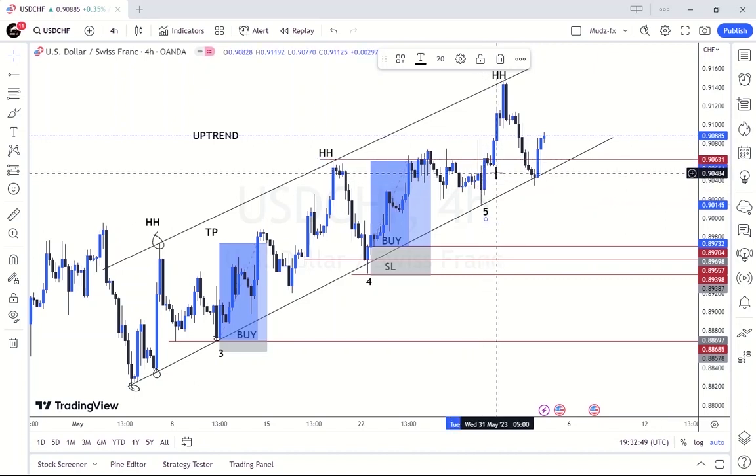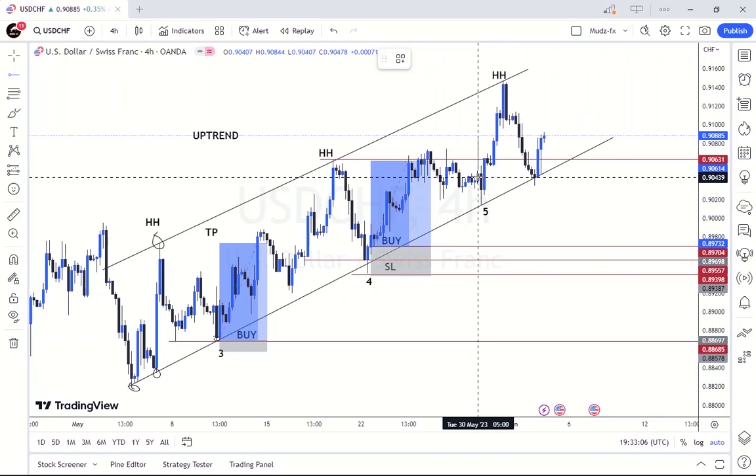That is a bullish rejection candle that tells you that now it is time for you to buy, and the trend line is still valid. So you do the same step.